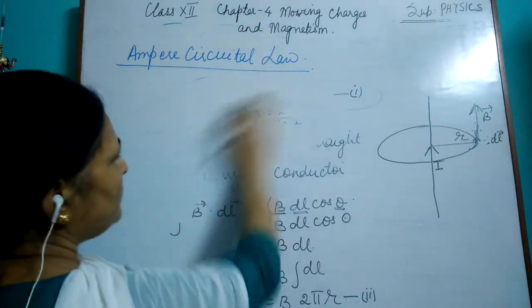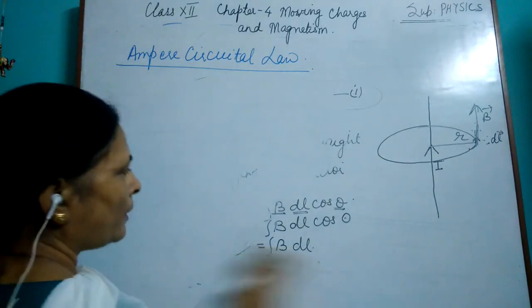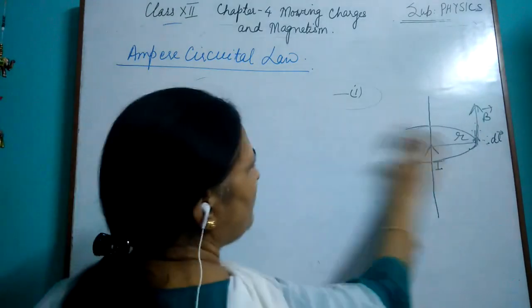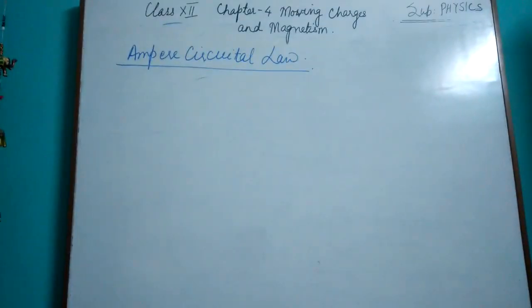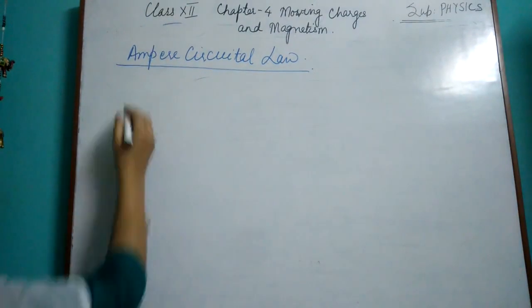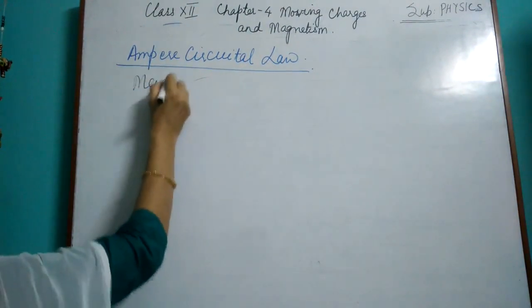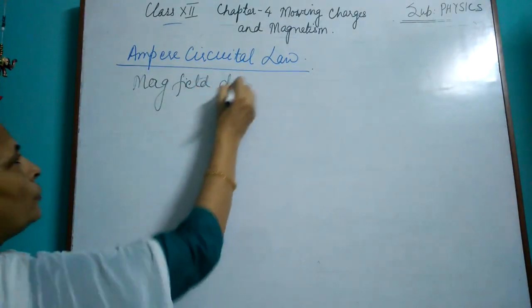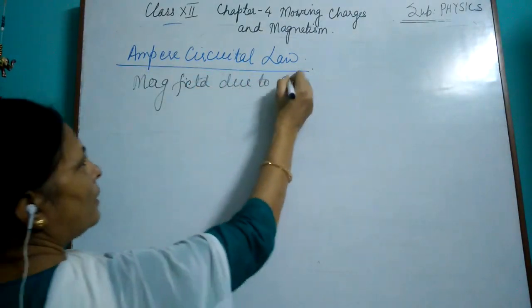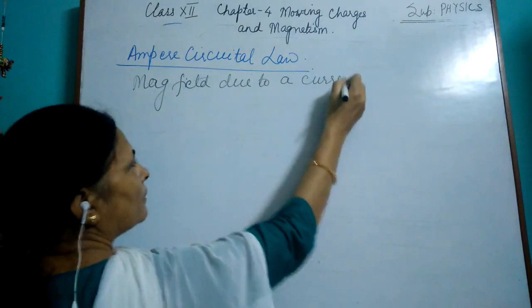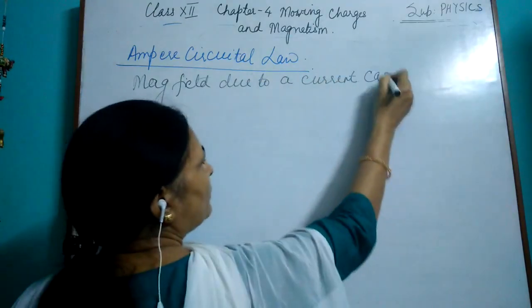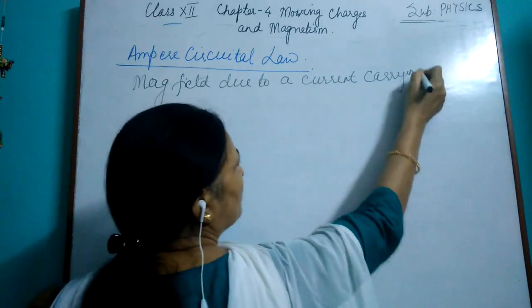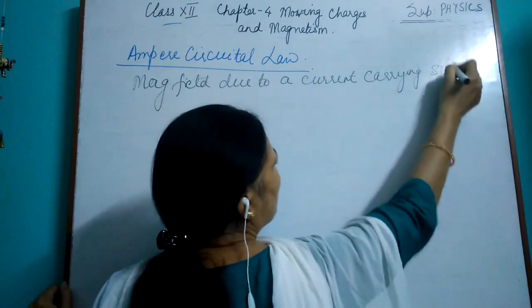Now the second case which we are going to do is to find out the magnetic field in case of a solenoid. Magnetic field due to a current carrying solenoid.